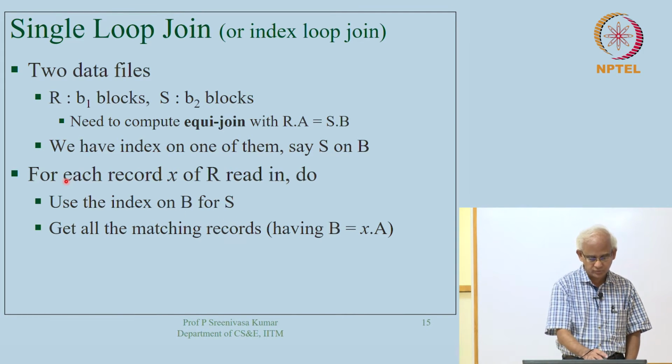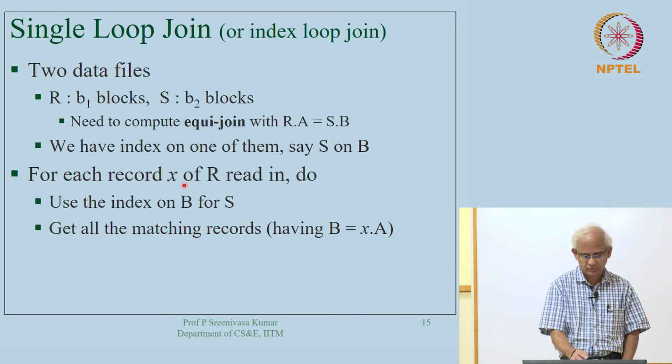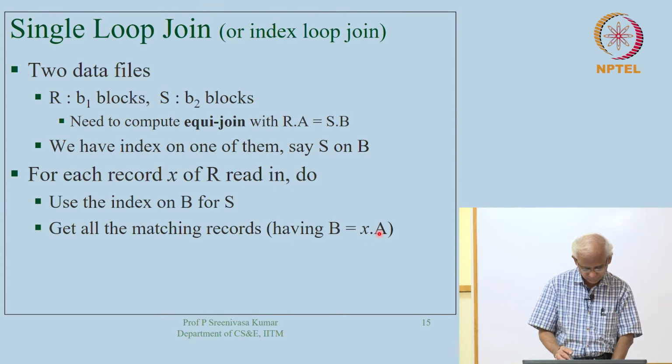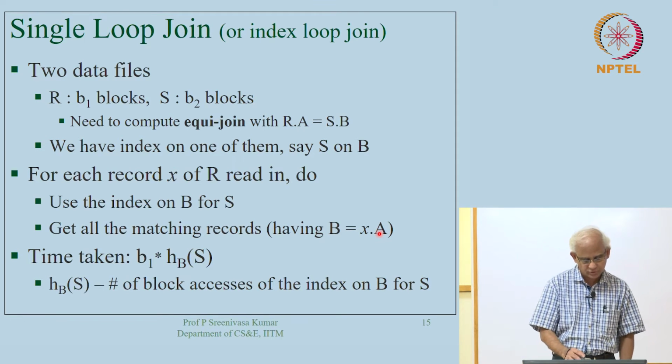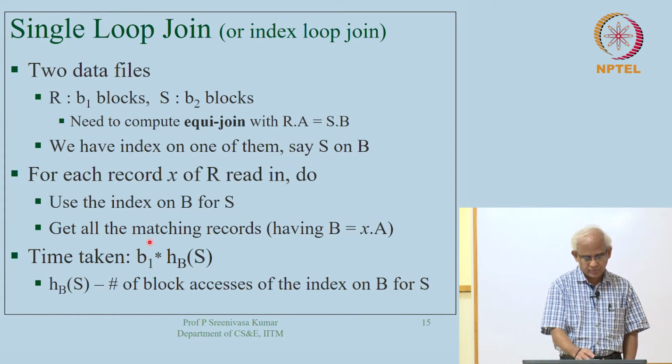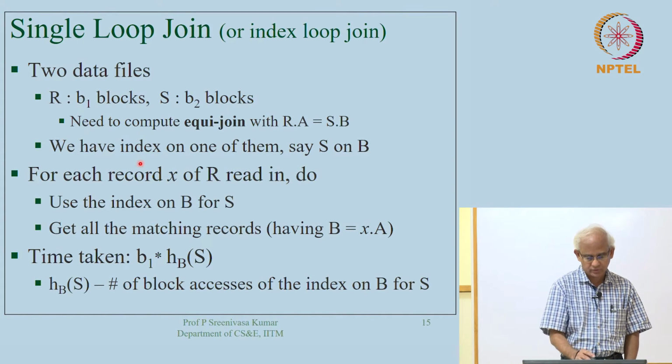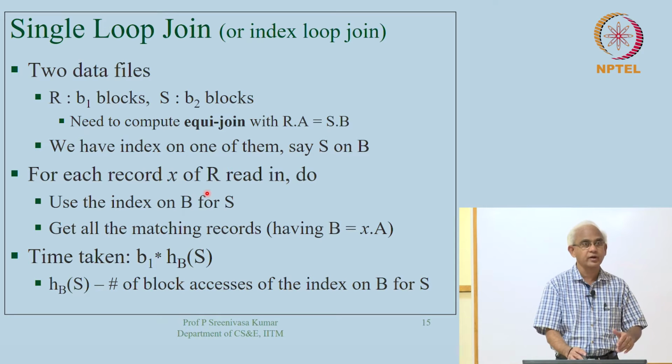So, we will do a single loop which is on R. For each record X of R, we do this. The time taken is easy to find out here. B1 is the number of block accesses that we have to do in order to read all records of R. All records of R we have to read in.